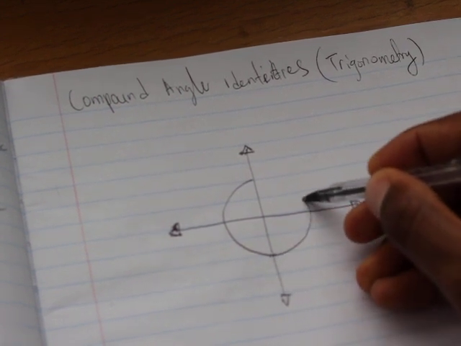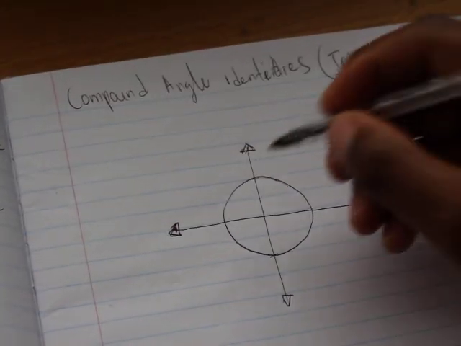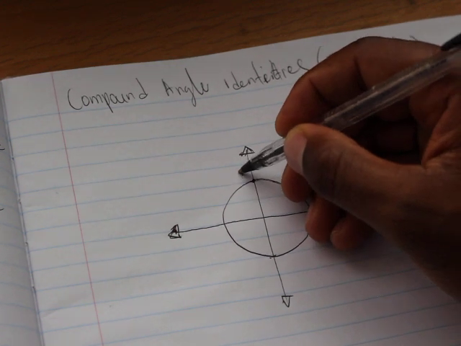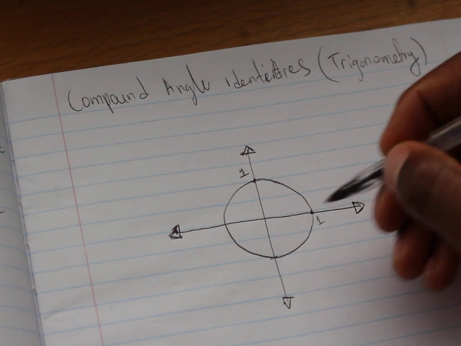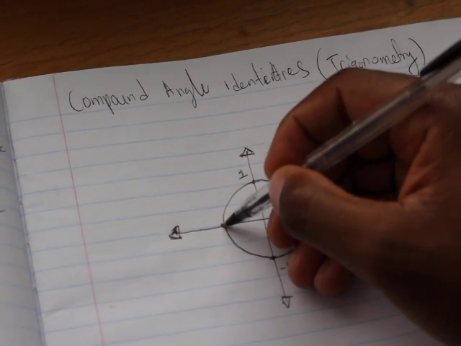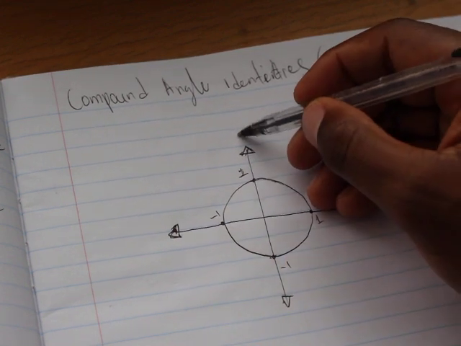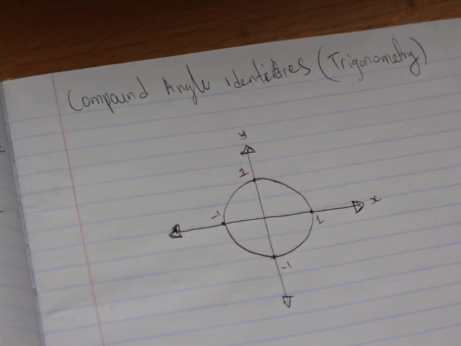In other words, from the center of the circle to the circumference, that's just 1. So here it's 1, and then here it's -1. Even here it's -1. This is your y. This is your x.